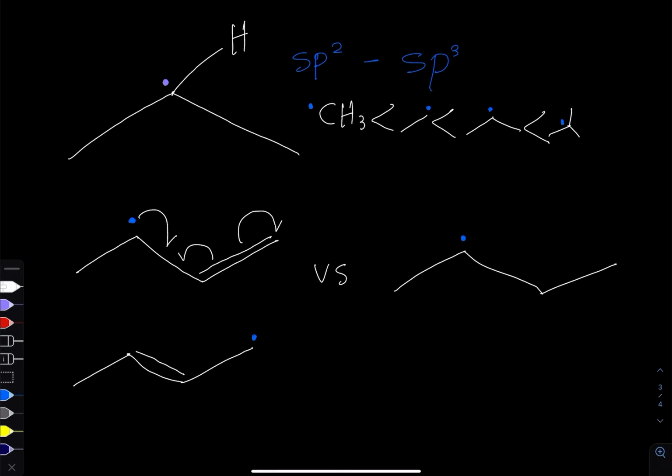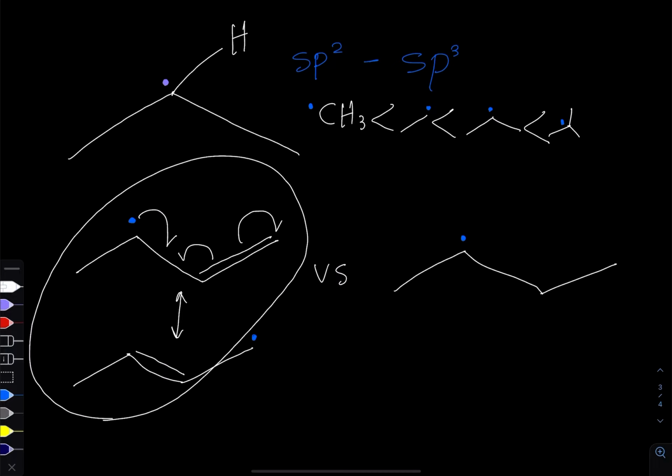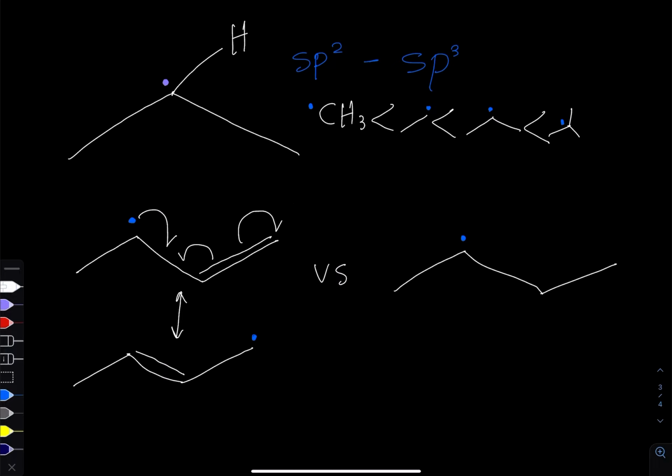So there's going to be a resonance between these two structures. The molecule is going to be somewhere in between these two structures. It's not going to be at one or the other at any point. So that means that the radical is going to be spread out over two carbons, this carbon and this carbon. That's more stable than it being stuck on a single carbon. So therefore this is more stable in this case.